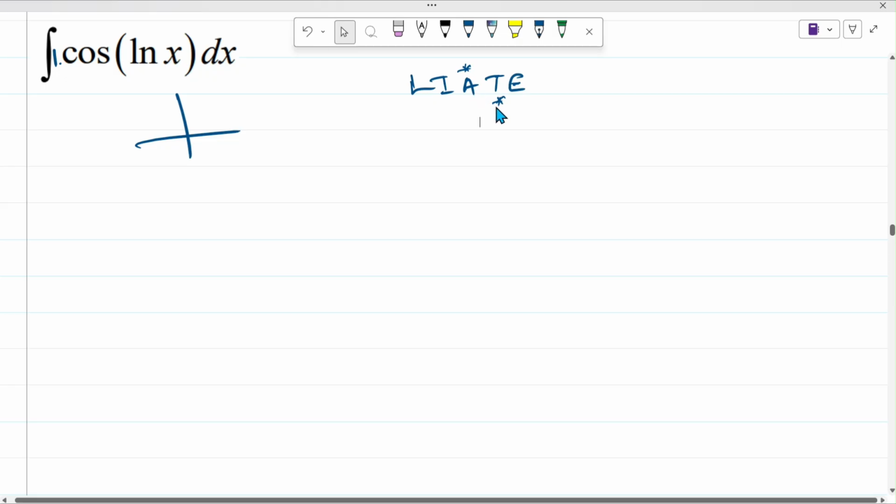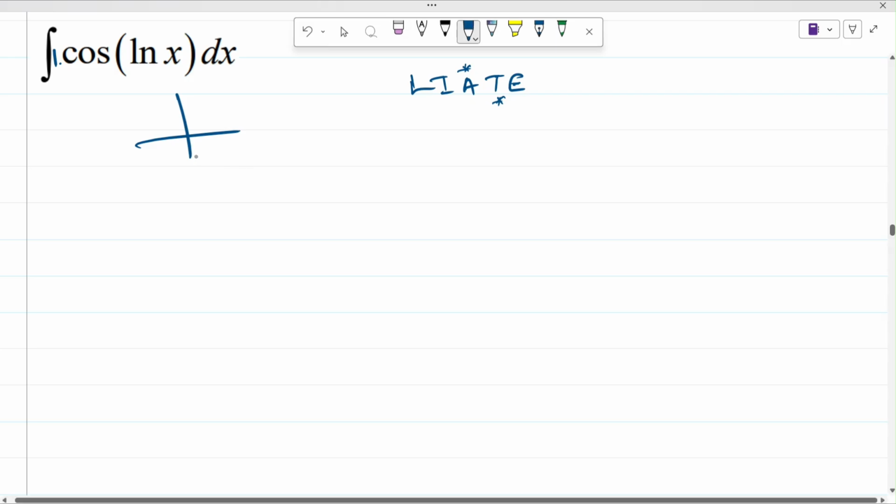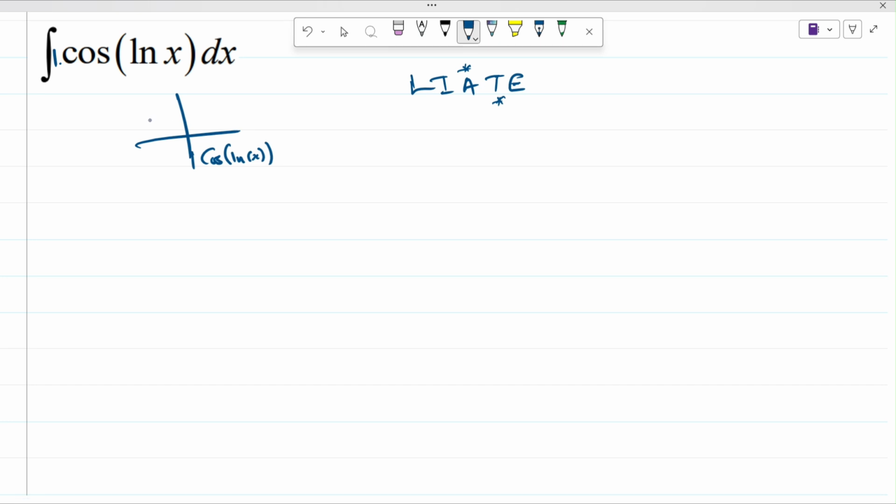If we were to write cos of ln of x directly here, we're going to have a problem integrating it. As well, if we were to write 1 here, then we're going to have a problem because when we differentiate 1 it's going to be 0. To integrate this is going to be big matata. So I don't want this big matata.